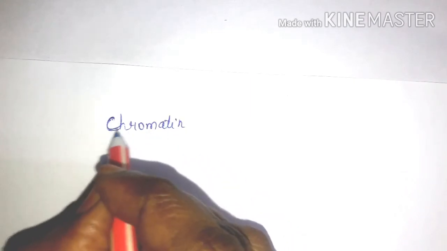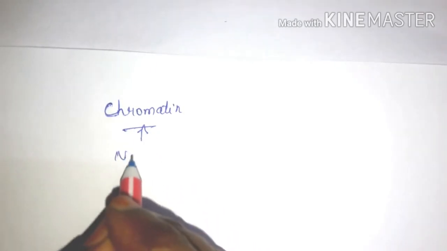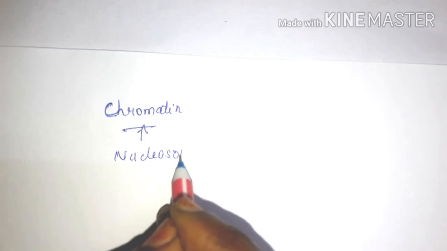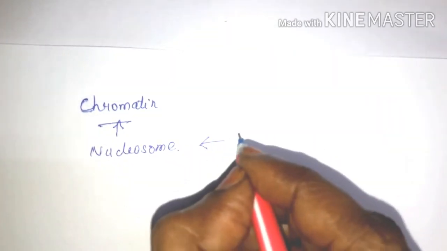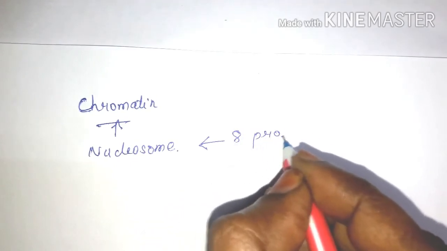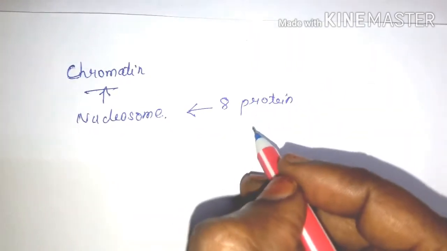Now it's about some complicated structural definition about the chromatin. Chromatins are binding materials, especially protein, so they are called chromatin. These chromatins are made up of nucleosomes. What are nucleosomes? They are composed of 8 proteins.